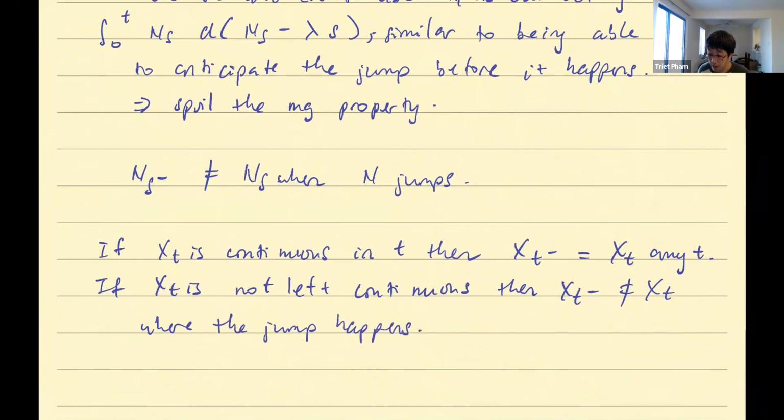Is that okay? So the minus sign here forces you to use the left limit at every point. And so if it's not left continuous, then the values are not equal.